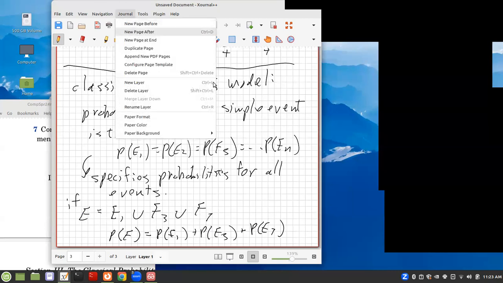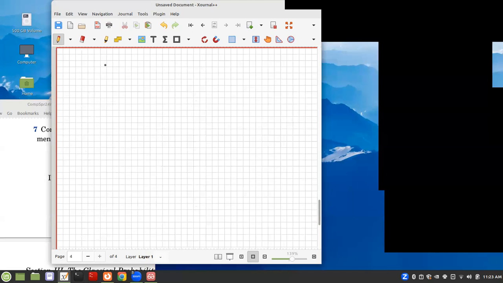And since you know that the sum of these simple ones, if the size of the sample space equals n, then because they all add up to 1, you know that 1 equals n times, say, the probability of E1.